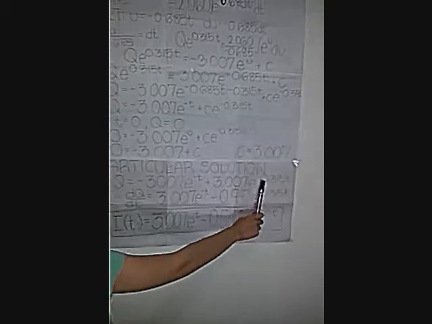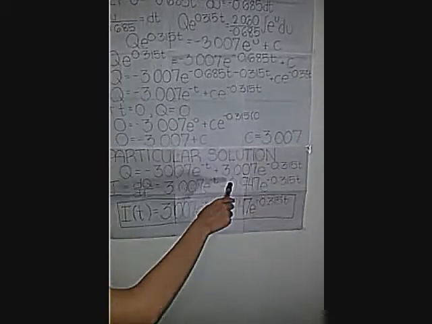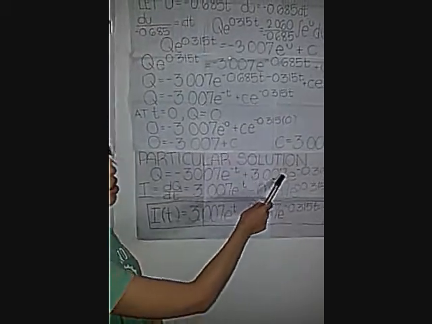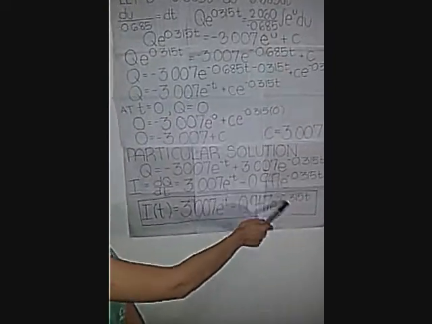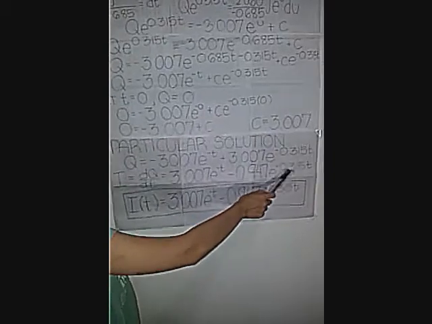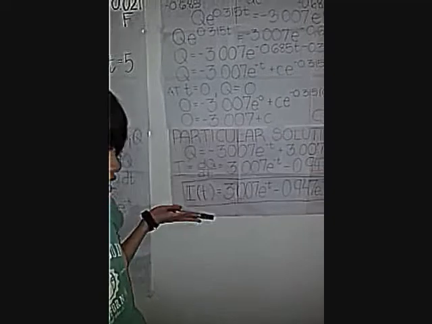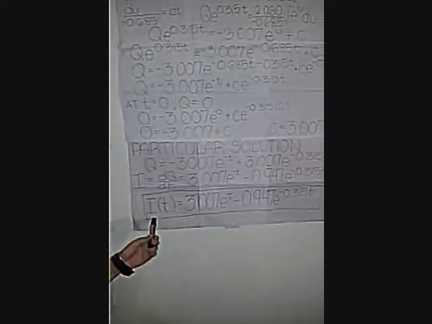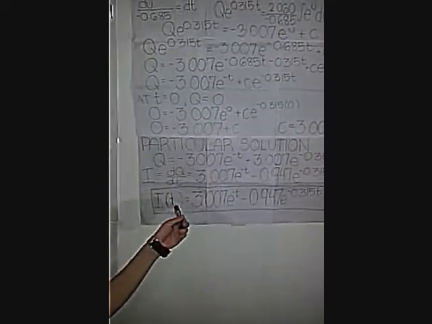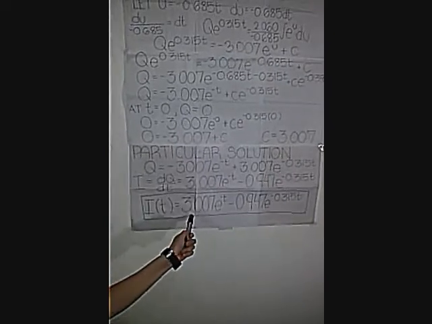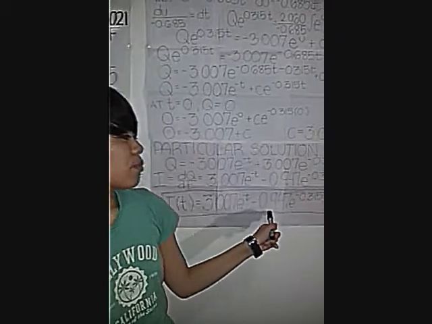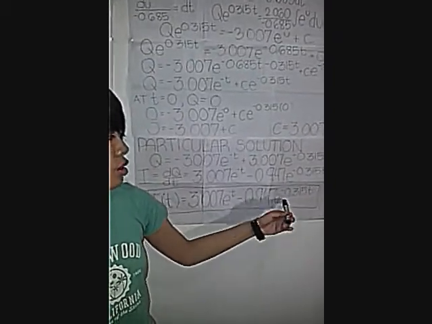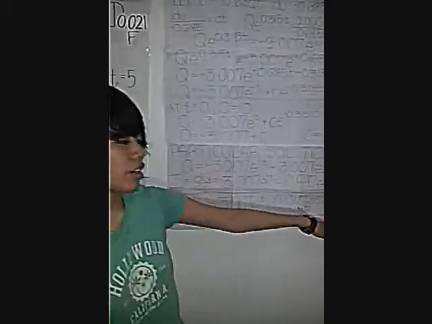And the negative 0.315 times 3.007 is negative 0.947 times e to the negative 0.315 t, resulting to the final answer. The function of current with respect to t is equal to 3.007 e to the negative t minus 0.947 e to the negative 0.315 t.